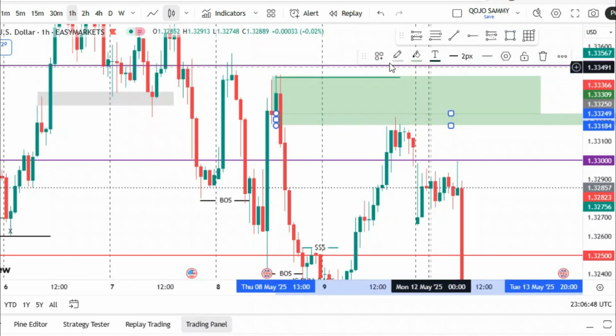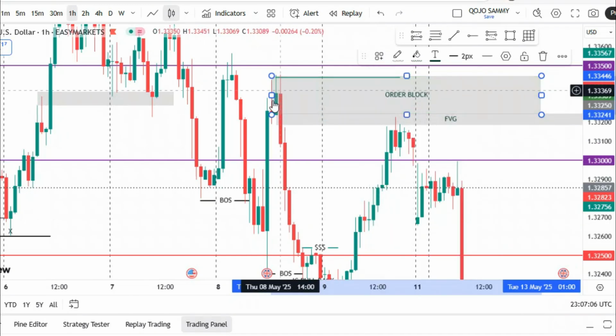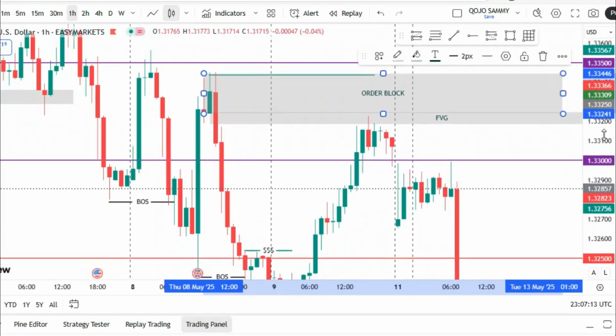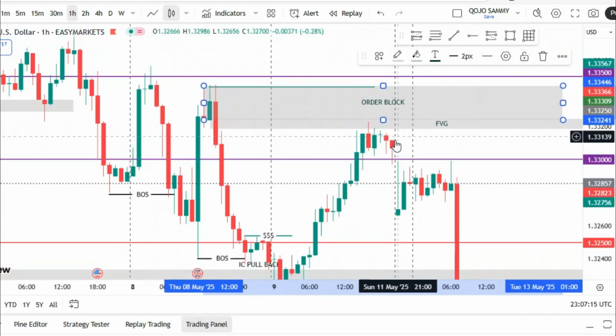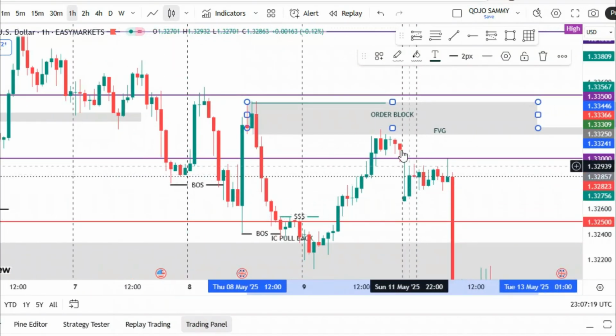So we have this fair value gap, and then we have this order block. I want price to tap into the order block, and after that I would want to look for confirmation. But this particular movement gave us confirmation, but price was not able to complete its movement, and then it was Friday.